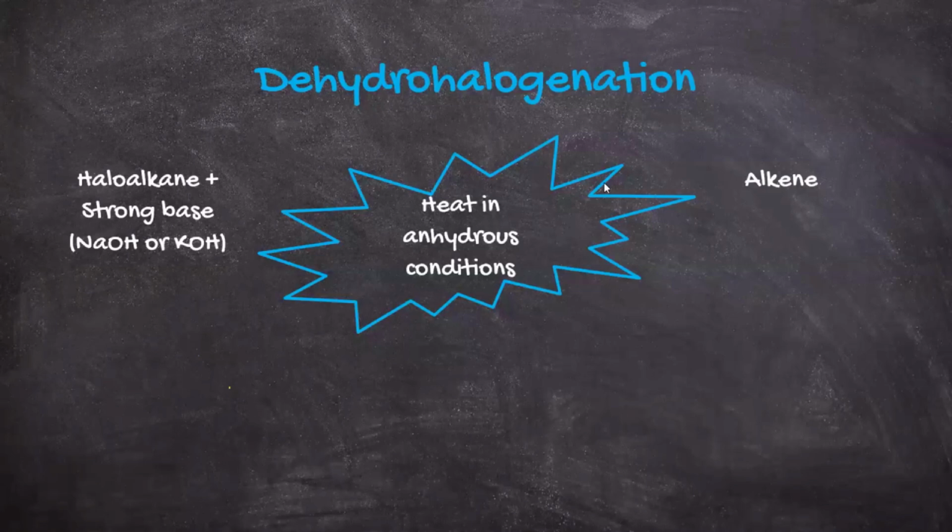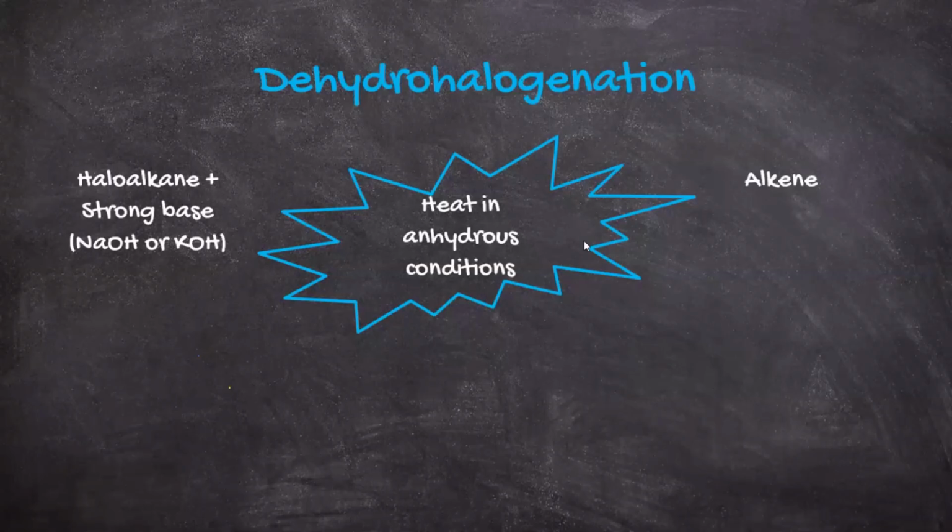Okay, dehydrohalogenation. It's the same anhydrous conditions. Whenever we're working with a halogen, it has to be anhydrous because water outcompetes a halogen. Okay, it's like having Usain Bolt and someone who's lazy and never gotten off the couch in their life in the same race. Water is Usain Bolt.